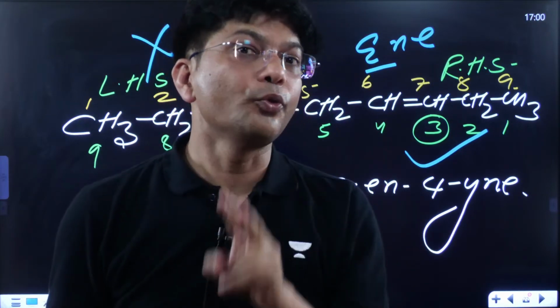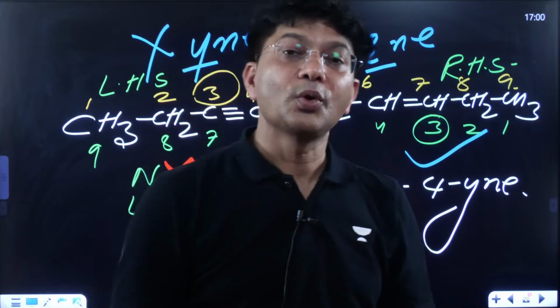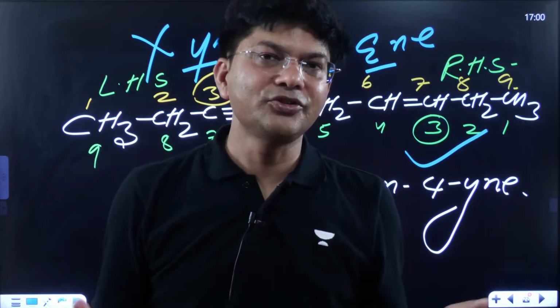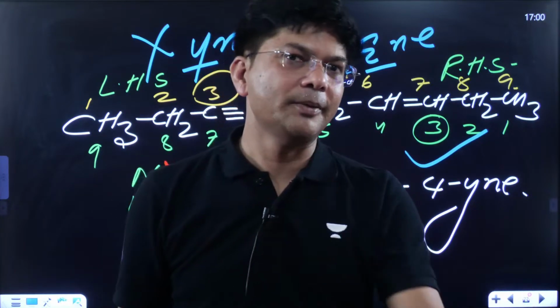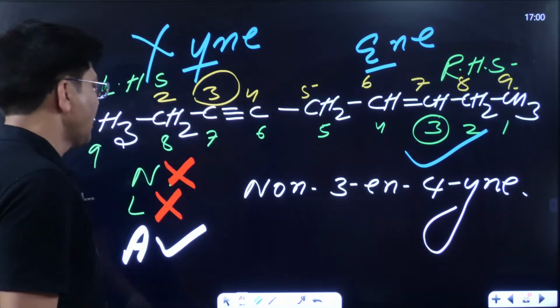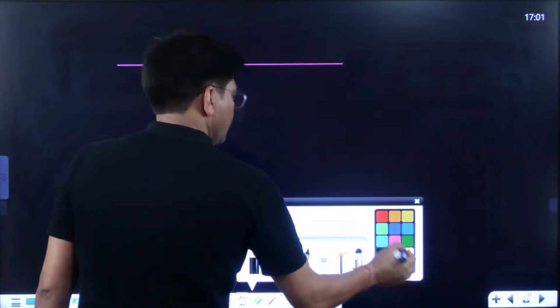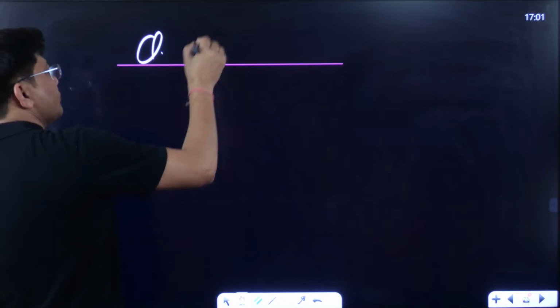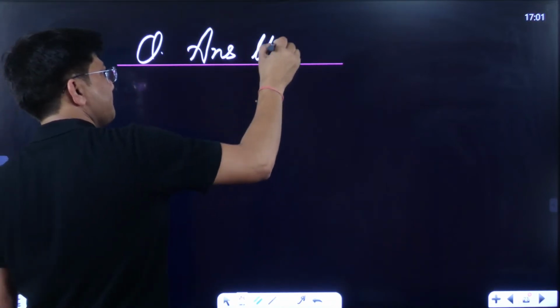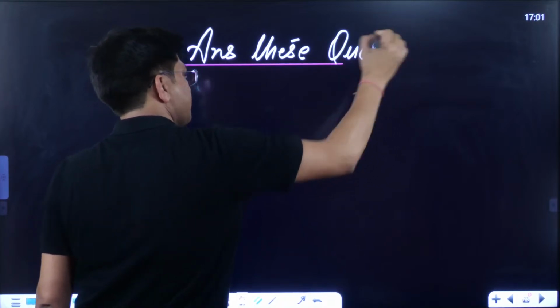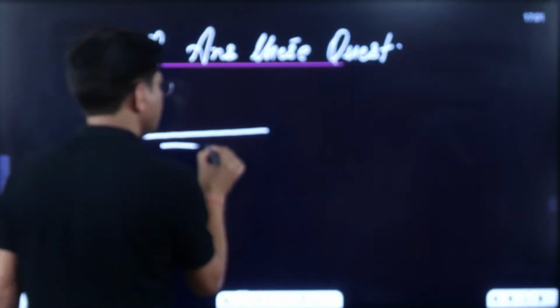So this is all for today, and I'm going to end the class with 2 IUPAC names. You are supposed to find out the IUPAC name for these 2 compounds, and you have to write down Avenger, HSP, Baba, and then the name. Okay, see to it. I'm going to write 2 IUPAC names. Answer these 2 questions. First question is, everyone see to it.